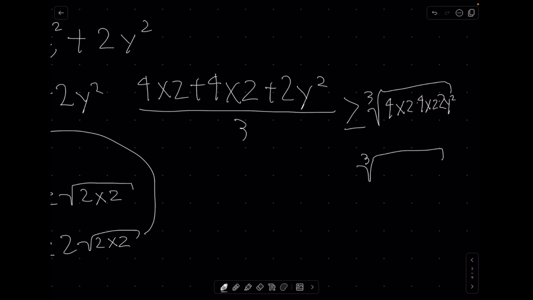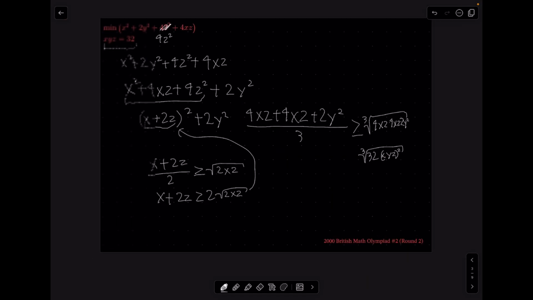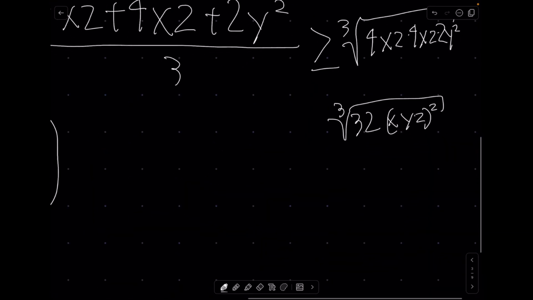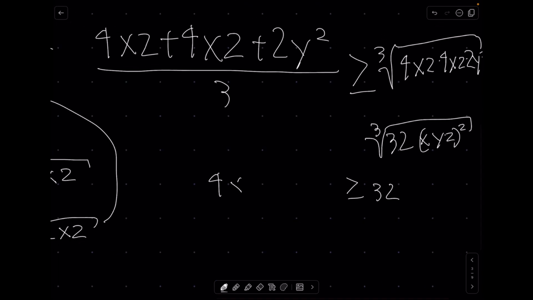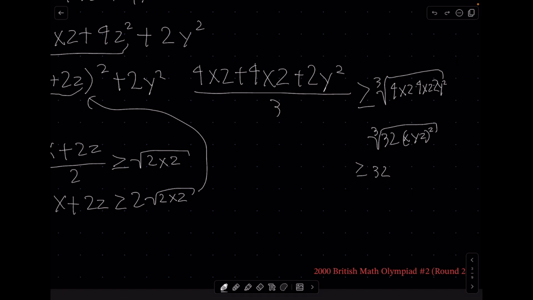And when we multiply all of this, we're going to have 4 times 4 times 2 is 32 times xyz, the whole thing squared. And we're given xyz is 32, actually very convenient. 32 times 32 squared, and then you take the cube root, it's just 32. We know that the minimum of this is going to be 32, but we want this part, so we just multiply it by 3. 32 times 3 is 96.